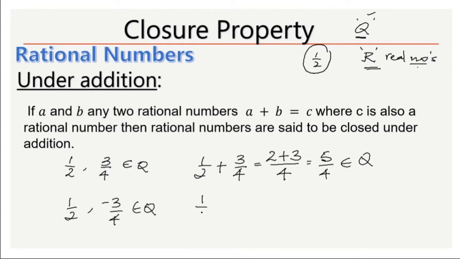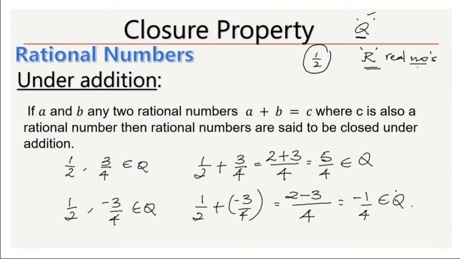What will be the sum now? 1 by 2 added to negative 3 by 4. The LCM here again is 4, so 2 minus 3 will become negative 1 upon 4. That is also a rational number. So if you take any two rational numbers, their sum is also a rational number. We say that rational numbers are closed under addition.